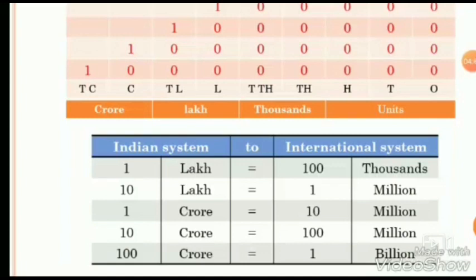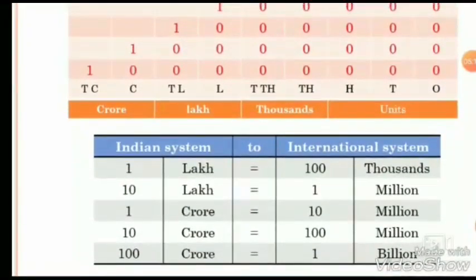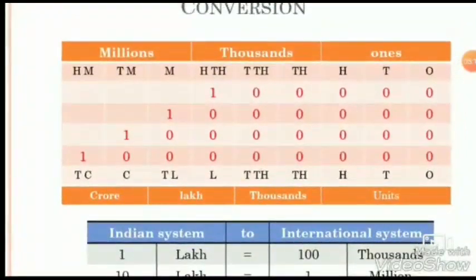You may be asked 1 million equals how much in the Indian system? We have to write 10 lakh. And you may be asked 1 crore in the Indian system equals how much in the international system? The answer is 10 million. 10 crore is nothing but 100 million, and 100 crore is nothing but 1 billion. So you will get all this from the table here, where we have written both systems of numeration.